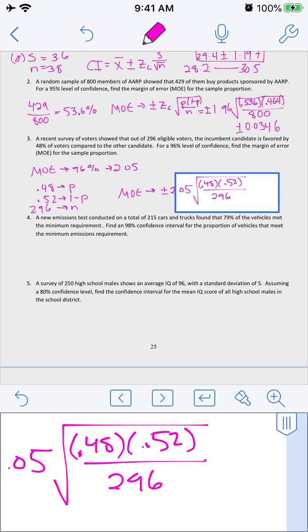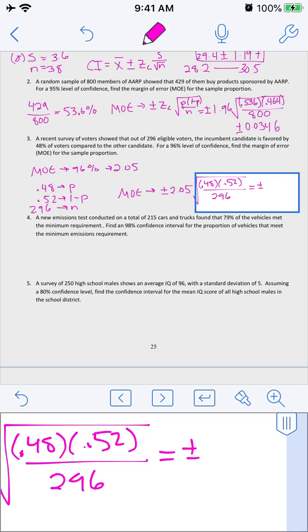We're looking at plus or minus 0.0560 if we round. So about 6%. Right, we're looking at plus or minus 6%. That's our margin of error. Cool.